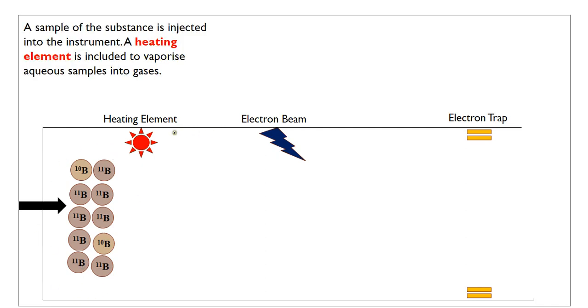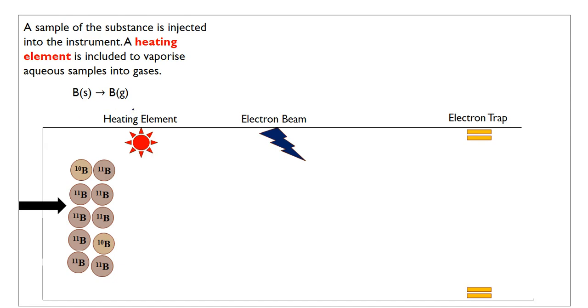The first thing that happens normally before you actually get to ionization is you want to turn these atoms into gas. So there is a heating element represented by the sun. I don't think it's actually the sun, but there is a heating element. And in this particular case, for example, if you have solid boron, it's going to be converted to gas.